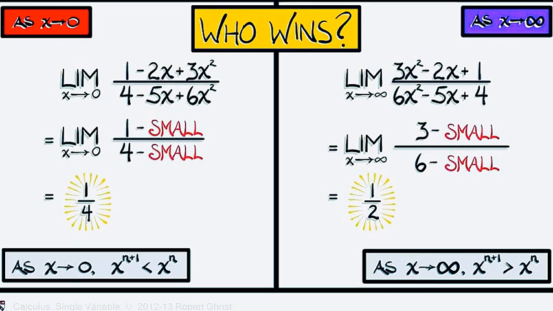Now, if we compare these two, we see that as x is getting small, it's the lowest order terms that dominate, whereas if x is going to infinity, it's the highest order terms that dominate. This duality is extremely important and can cause confusion, so always pay attention to which way the limit is going.